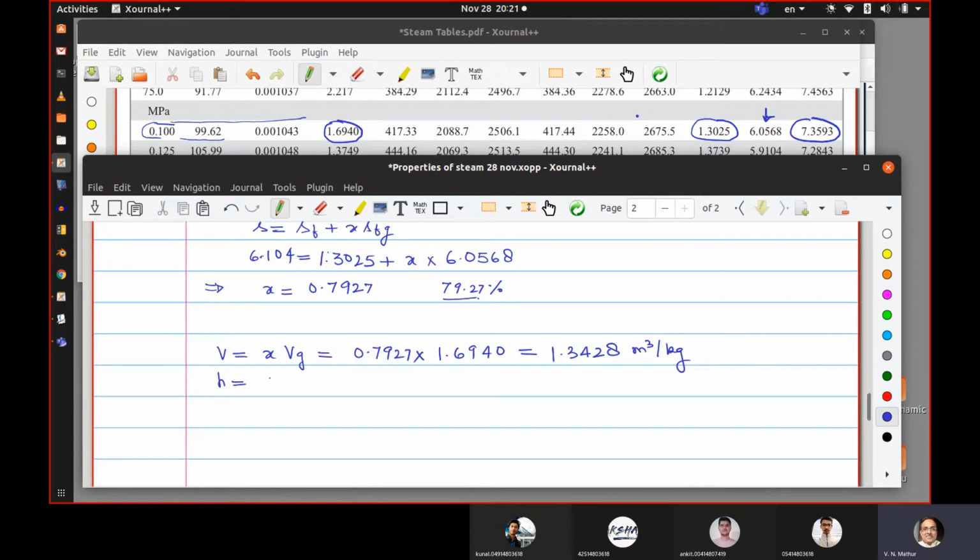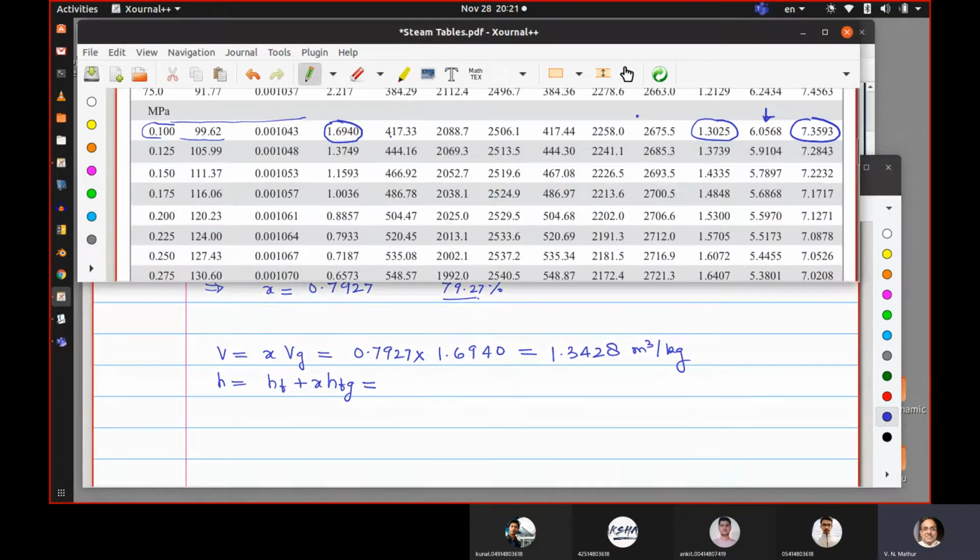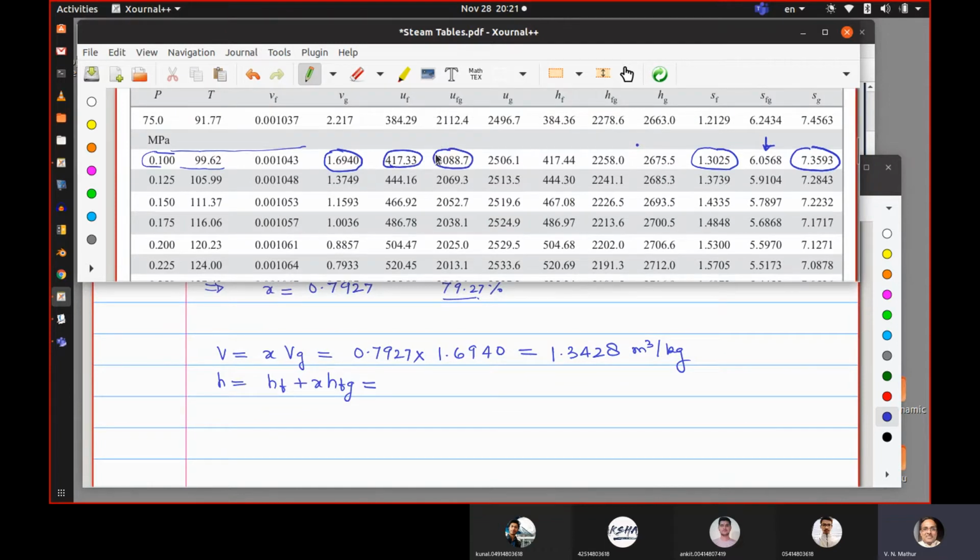For enthalpy, we should write enthalpy of the fluid plus X into change in enthalpy. Sorry, those were internal energies. Enthalpy of the fluid is this one, 417.44, and HFG is 2258.0.